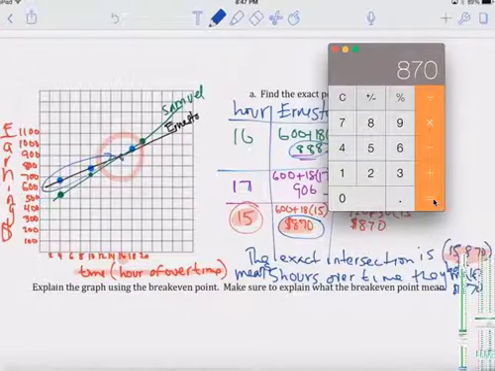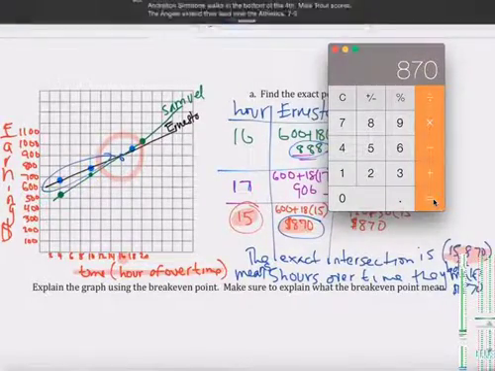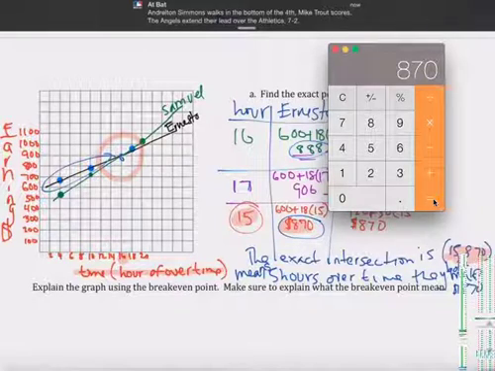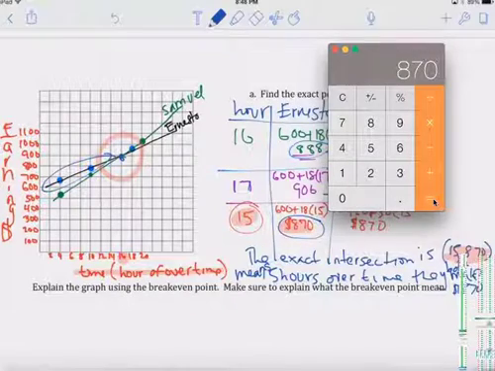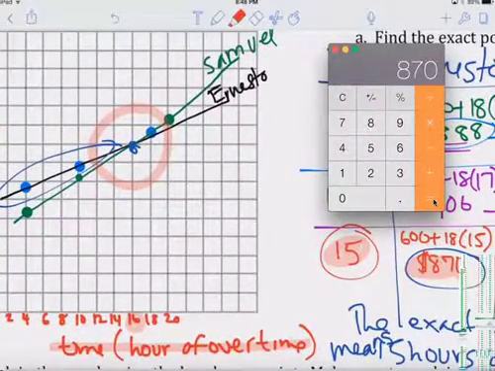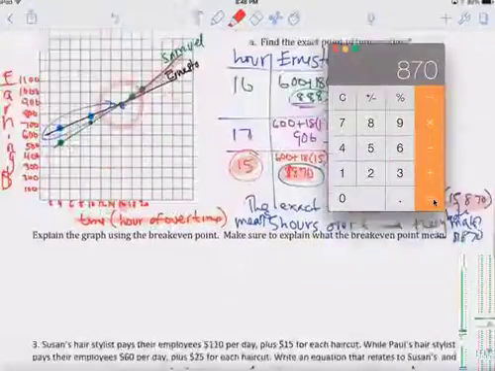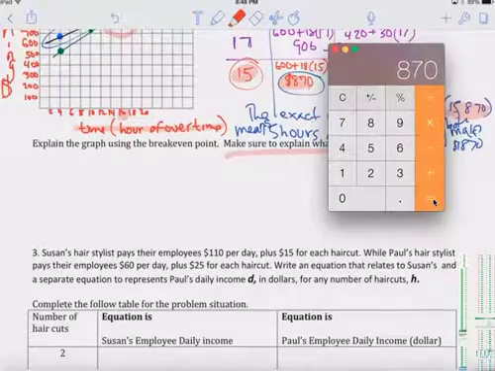At break-even point, they both made the same amount of money of $870, and they both have to work 15 hours of overtime. After 15 hours, Samuel makes more money because his graph is on top of Ernesto, showing that he made more money. That's how you would explain that.